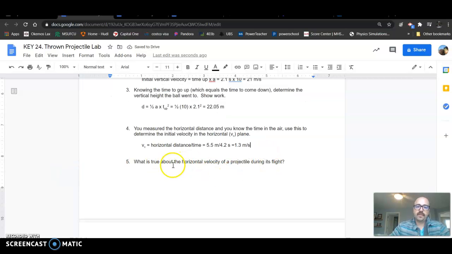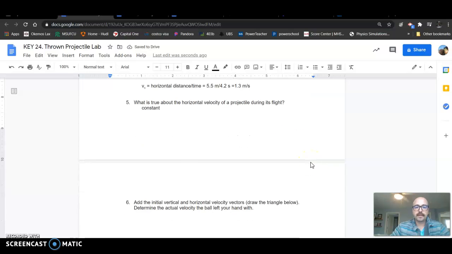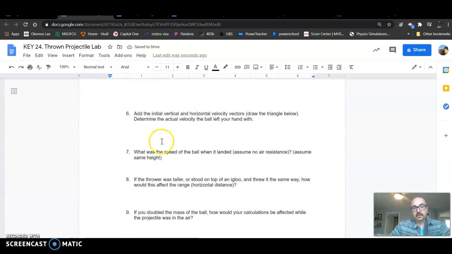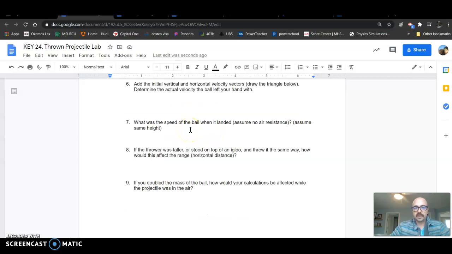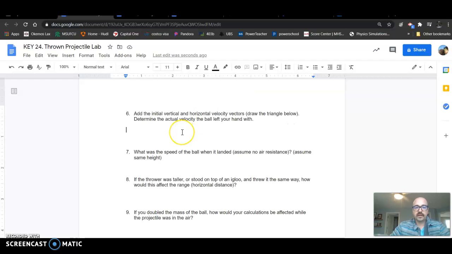So we've got those. So then we think about, all right, what's true about the horizontal velocity? All that we want to know for this, constant. Doesn't change during the whole time. So now here's, to me, the good stuff is that we've got our initial vertical and horizontal, and we want to determine the actual velocity the ball left the hand with. So here I'm finding the resultant of these.